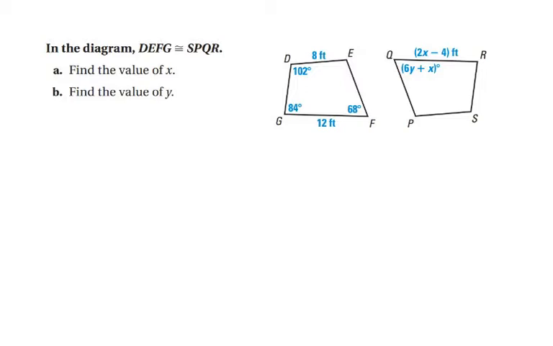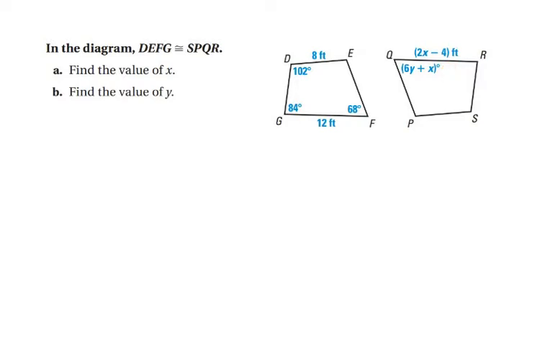Alright, let's look at one last example. In this example, we've got these two quadrilaterals, and we're given that DEFG is congruent to SPQR. We're going to use that information to find the value of x and y, which are variables in these expressions over here. One of them is a length, and one of them is an angle measure.